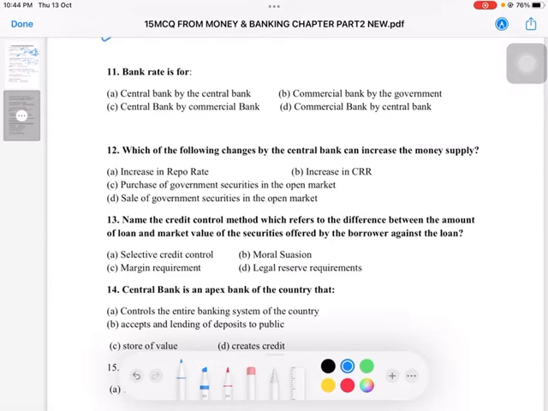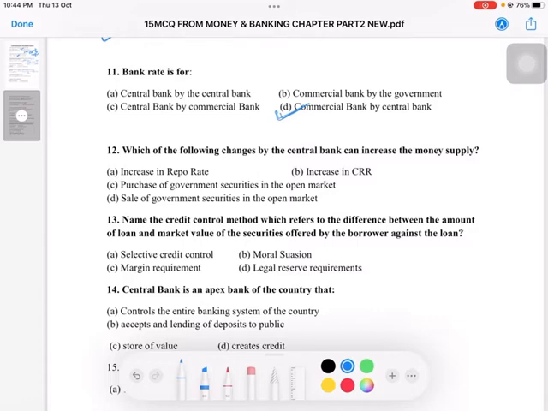Bank rate is for commercial bank by the central bank. It is an instrument of monetary policy of the RBI or central bank. Bank rate is the rate of interest charged by the central bank to the commercial bank while giving loan. So the right option will be D.